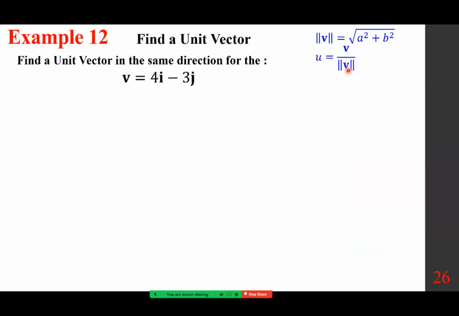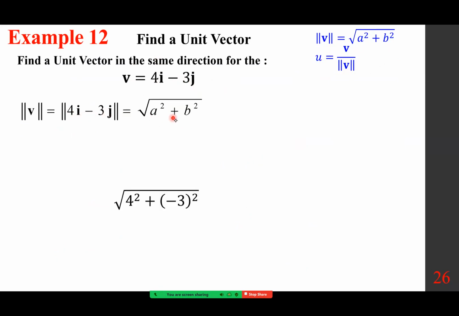In order to find the unit vector in the same direction, first let's find the size or the magnitude, which uses the square root of a squared plus b squared. That means 4 squared plus negative 3 squared. This is 16, this is 9, the answer is 25, and the square root of that is 5.